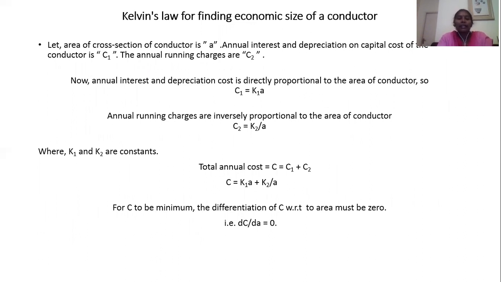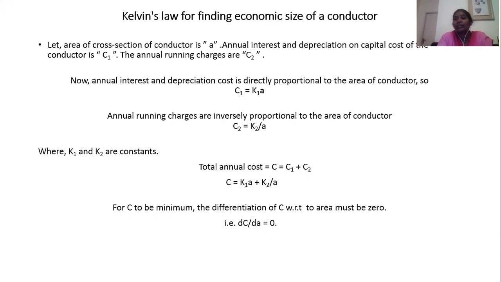Let us consider that the cross-section area of the conductor is A, the annual capital cost, involving the interest and depreciation on the capital cost of the conductor, is C1, and the annual running charges involved with the energy loss in the transmission line is C2. The annual capital layout cost is proportional to the area of cross section of the conductor.